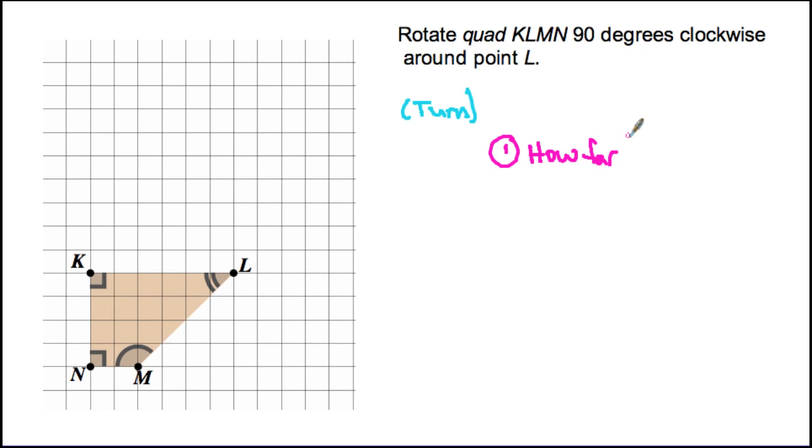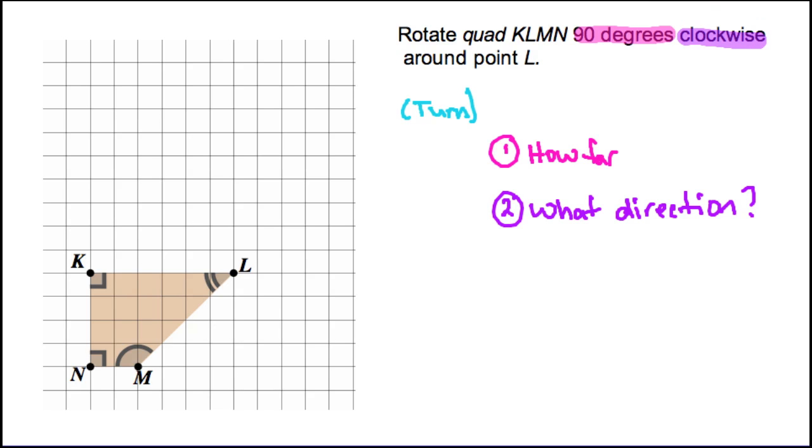So in this particular case, how far is represented by the 90 degrees. The second thing you need to know is what direction I am going to rotate, because I can rotate things clockwise or counterclockwise. In this case, it says here that I am rotating clockwise, so that's good.